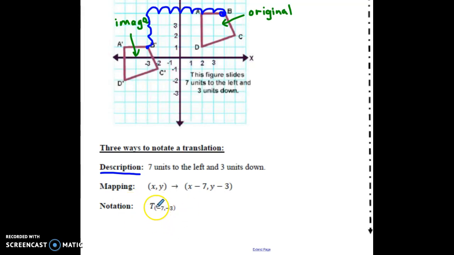The other notation usually doesn't have this set of parentheses, but what they'll do is grab those numbers, negative 7, negative 3, and then we know that this is the x direction, this is the y direction, just like a normal ordered pair would have x in front of y. This notation is a really shorthand way of saying, hey, we're doing a translation. We're moving it to the left 7, where all the negative numbers are, and we're moving it down 3, where the other negative numbers are.